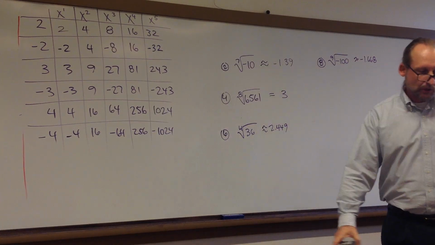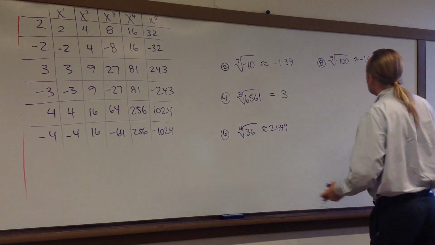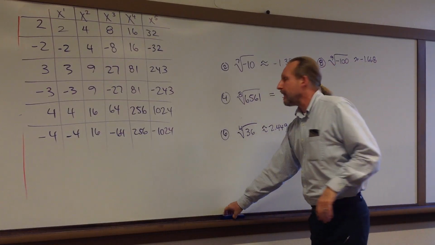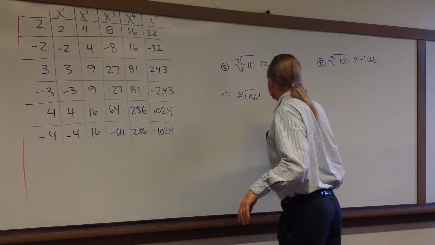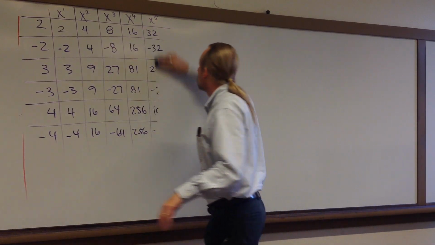Okay, so that's that first section, which is just about how to calculate these values using a calculator. Okay? Now, let's look at solving equations that involve powers of a variable and how we can solve those.